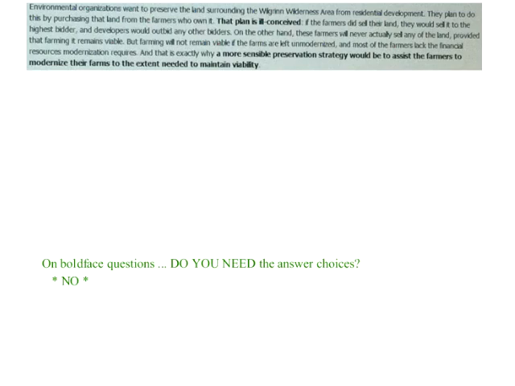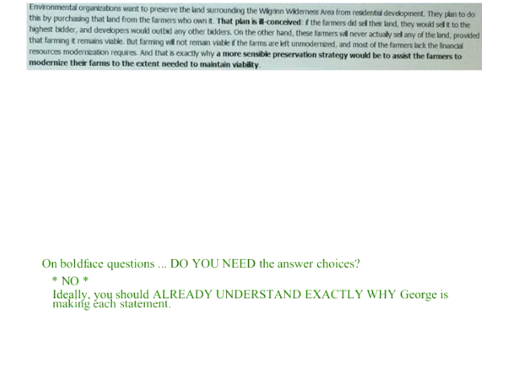If you have a conversation in your head with George, you should understand already. Ideally, you should already understand exactly why George is making each statement. So what you should do is just temporarily cover the answer choices up and predict what they're going to say. This is the hard part, by the way, because the answer choice will not talk about George.